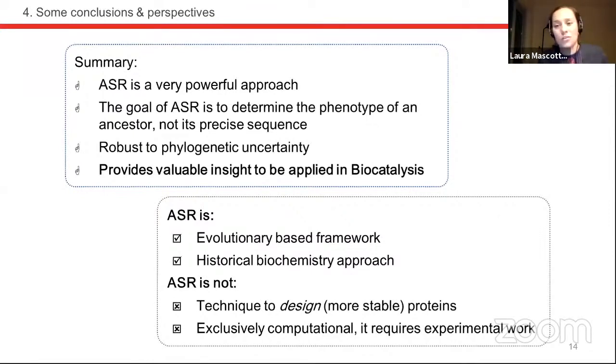Maybe it's a modern feature that happened not so far away in time, or it actually developed from a different protein family. So it's very important to spend time constructing the phylogeny. Yes, I would say that's the most time-consuming process during the whole approach.